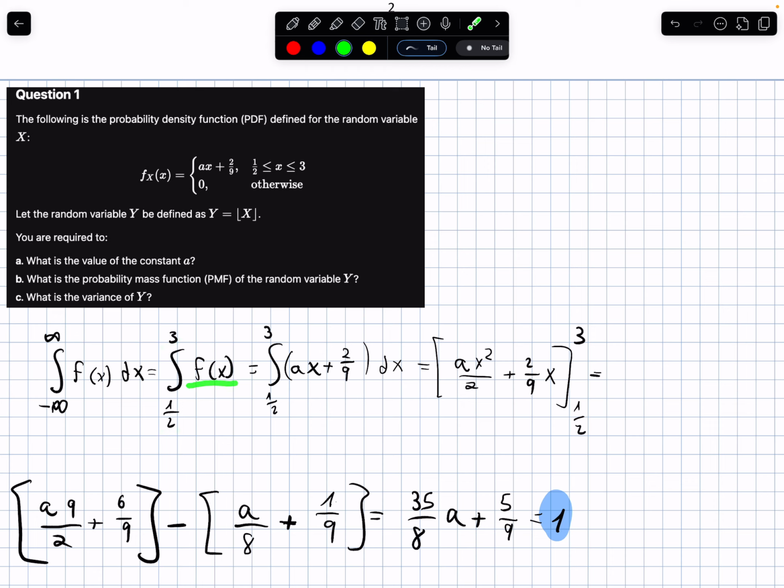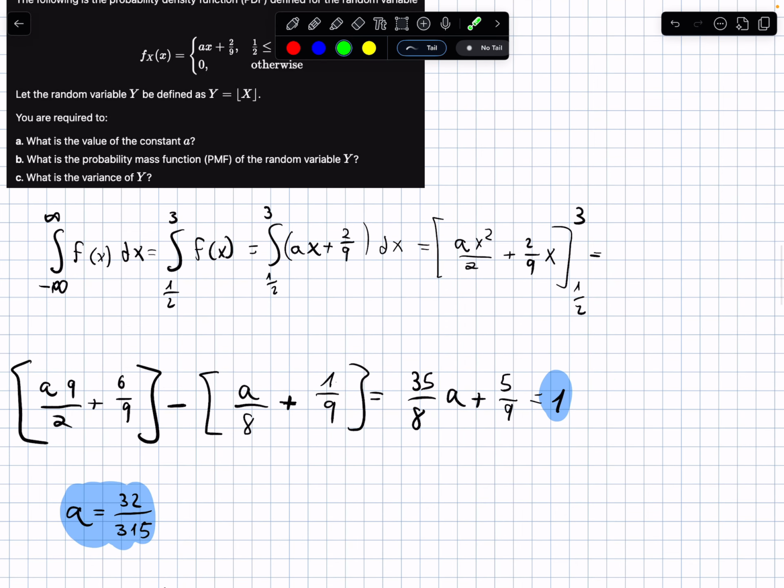So the integral of f of x dx, I put the function inside and integrate. After integrating, I put in the limits 3 and half. Then I compare it to 1, isolate it, and get a. So a is 32 divided by 315.